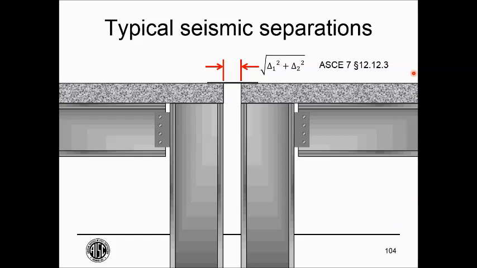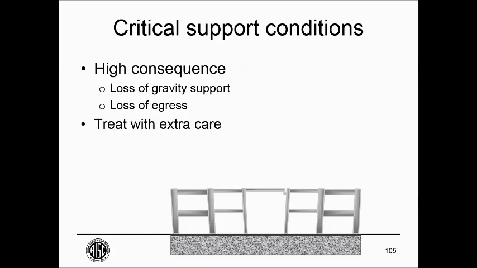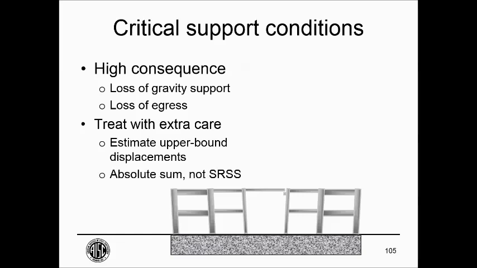Okay. Now there are some conditions that are more critical than just a joint cover. These high consequence conditions are where you could lose gravity support. You could lose your means of egress, and you have to treat them with extra care. So these get designed for the upper bound displacements corresponding to the MC, not to 2/3 of the MC.